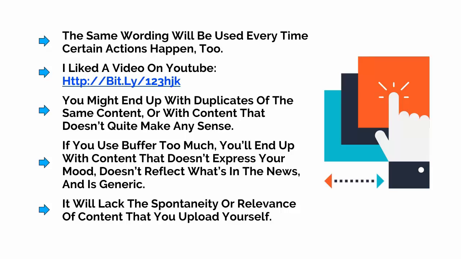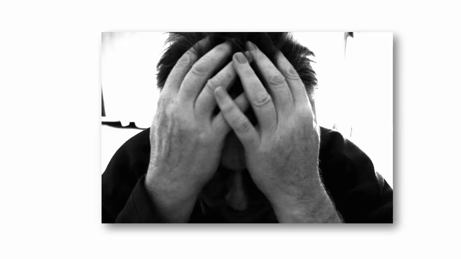With Buffer, the posts come at the same time every day as well, and this alone can be enough to prevent those posts from seeming natural and organic. People will be able to tell you if your Twitter posts have no personality, so don't let this happen, and use these auto-generation techniques sparingly. This is only for keeping your social media channels active. The life and soul will come from you actually writing new content and reacting to what's going on in your life.